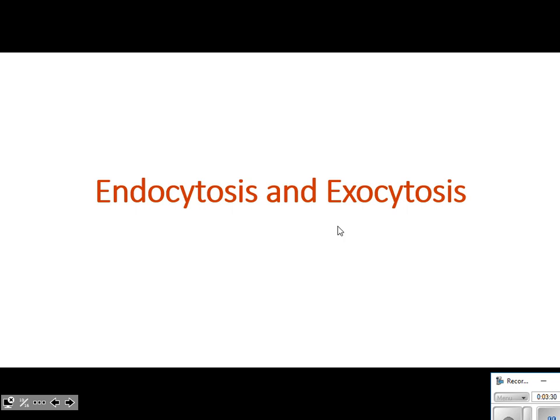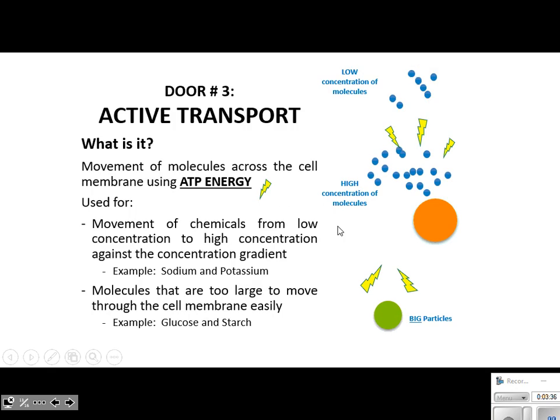Well, what are they? First thing we're going to do is have a real quick review of active transport. That's your first flip box. You can write whatever you want; you can paraphrase it. You've already got active transport on the opposite page.